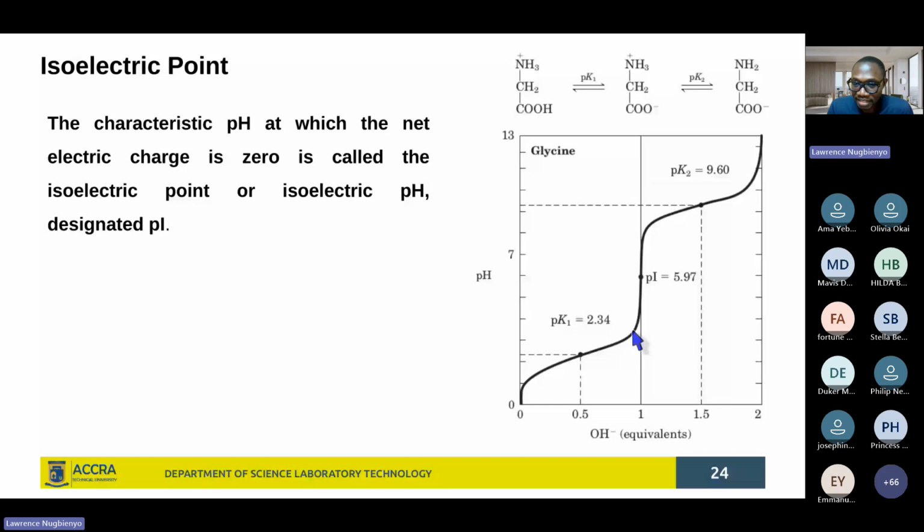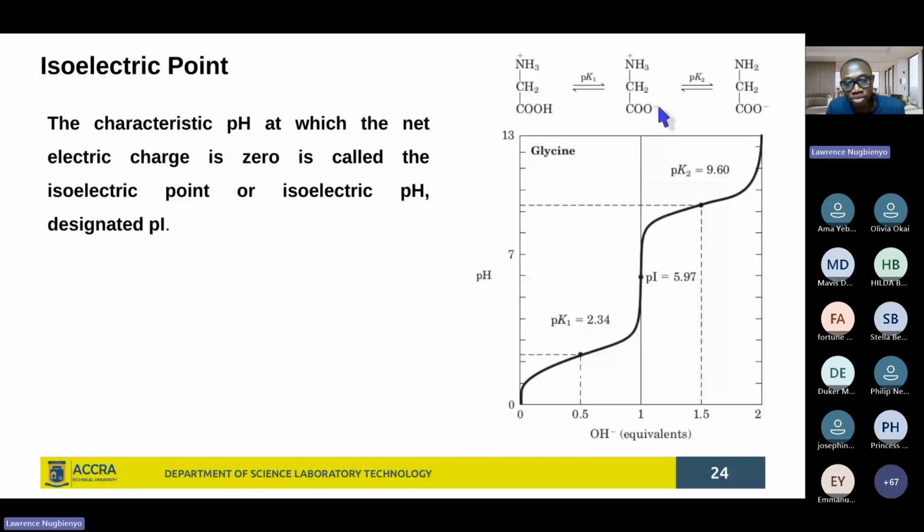Now we see that at a certain pH, say 5.97, which is the isoelectric point, you have the amino acid existing as a zwitterion, meaning that at that point, the net charge of the amino acid is 0, because the amine group is carrying a positive charge and the carboxylic acid group is also carrying a negative charge, and these two charges cancel out.